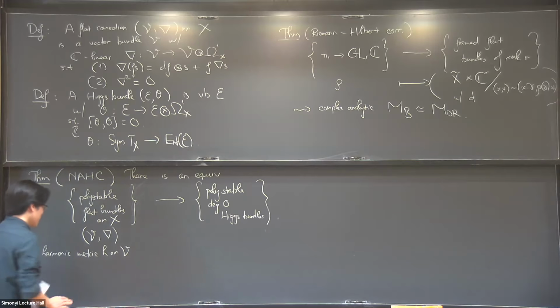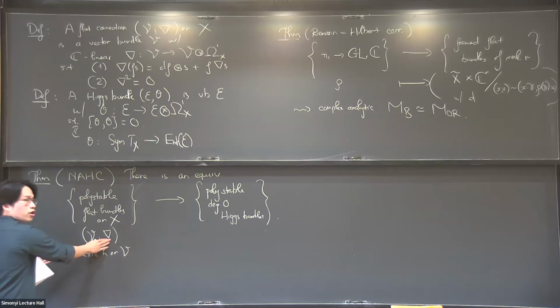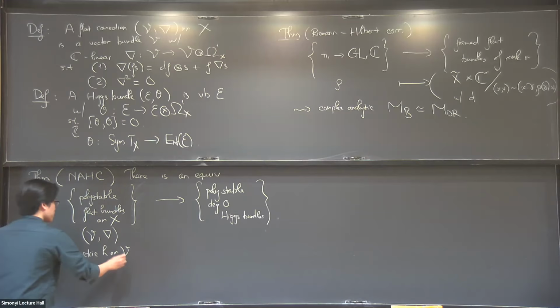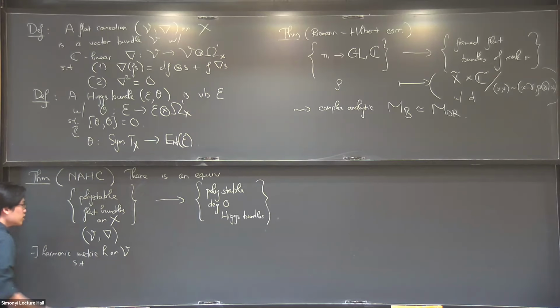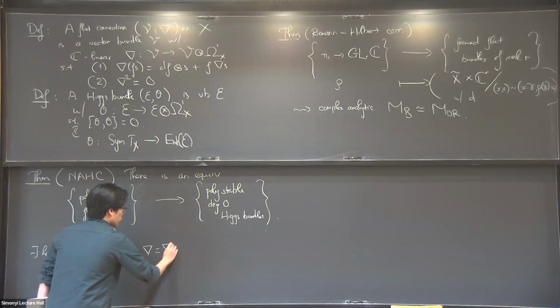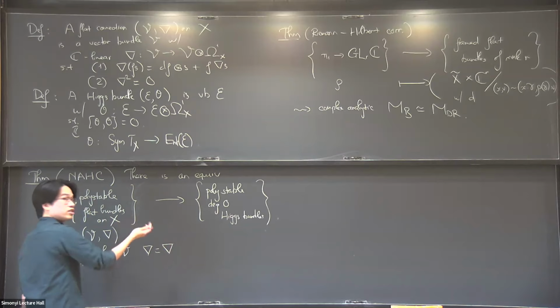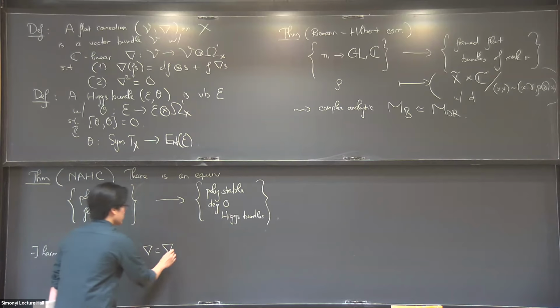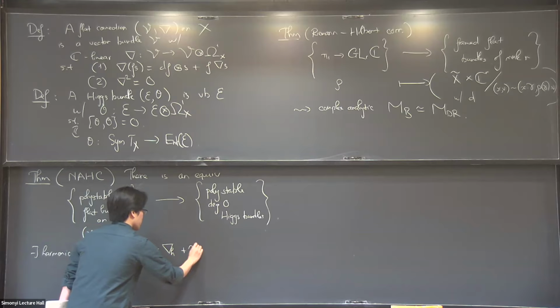So let's just forget about the harmonic part for a second. If you have a metric H on V, you can decompose this connection, nabla, into something that is unitary with respect to H, plus something else here.